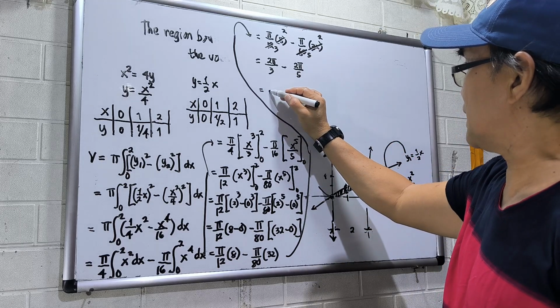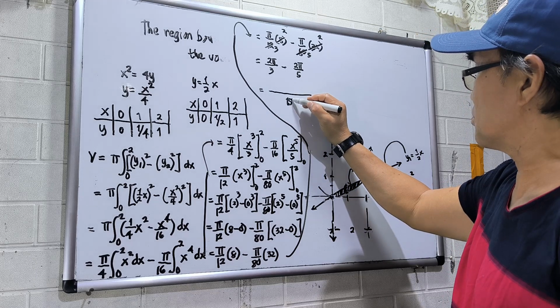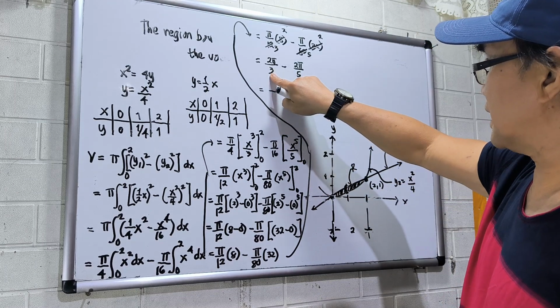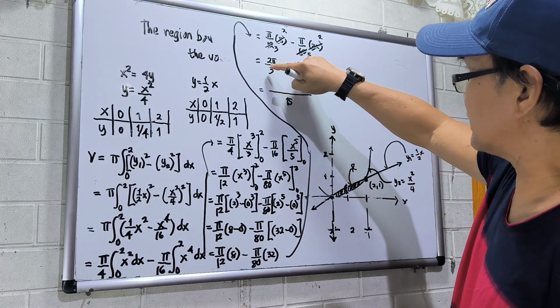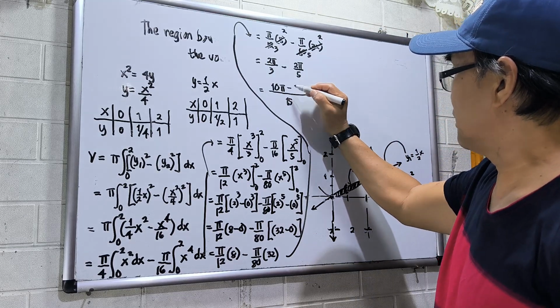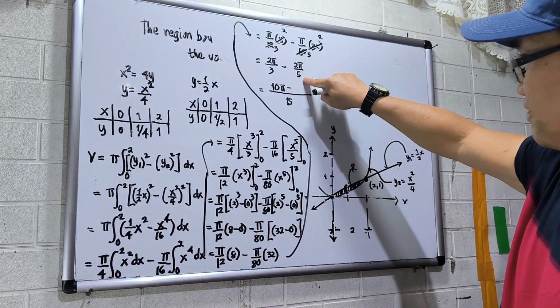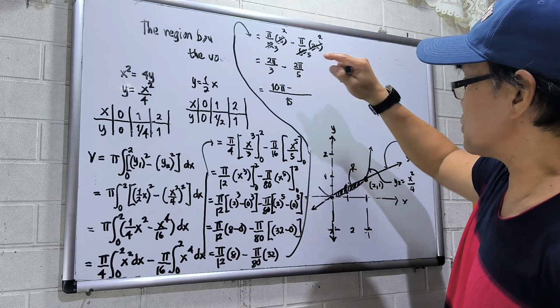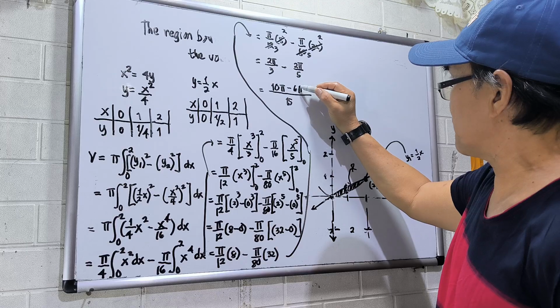So LCD will be 15. 15 divided by 3, that is 5 times 2 pi, that will be 10 pi. Minus 15 divided by 5, that is 3 times 2 pi, that will be 6 pi.